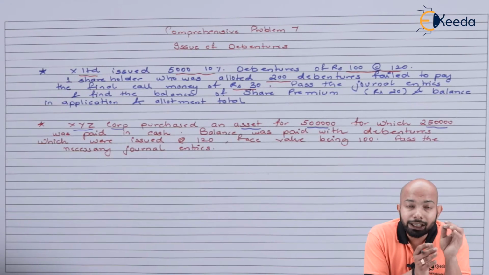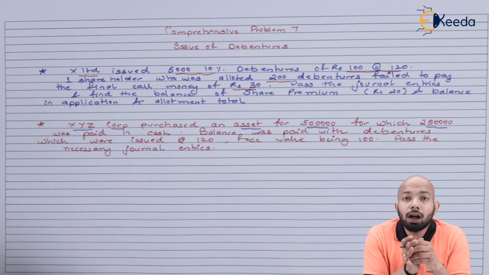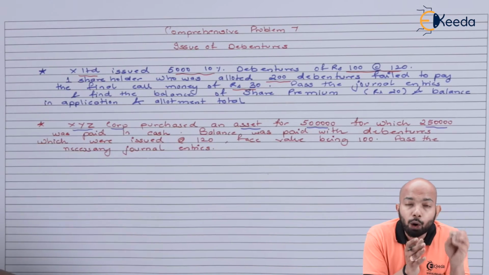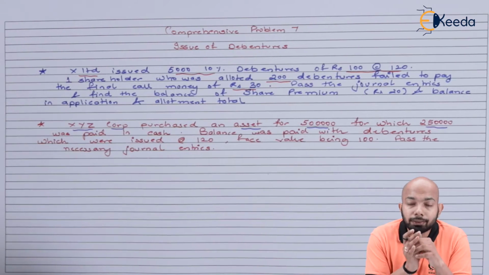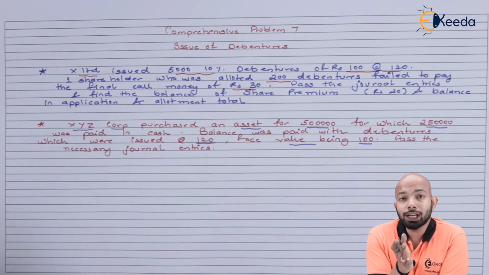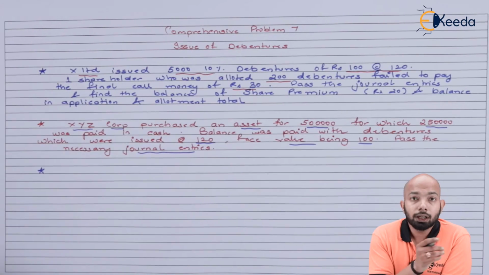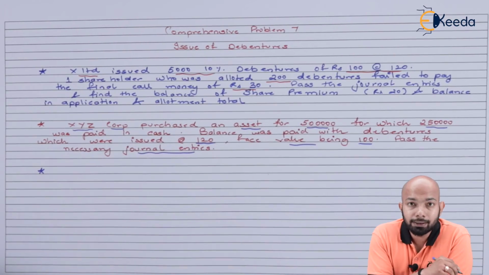That means every debenture was of 120, the face value being 100. We need to figure out how many such debentures were issued here. We also have to pass the journal entries. Now let's go on to the next case study.